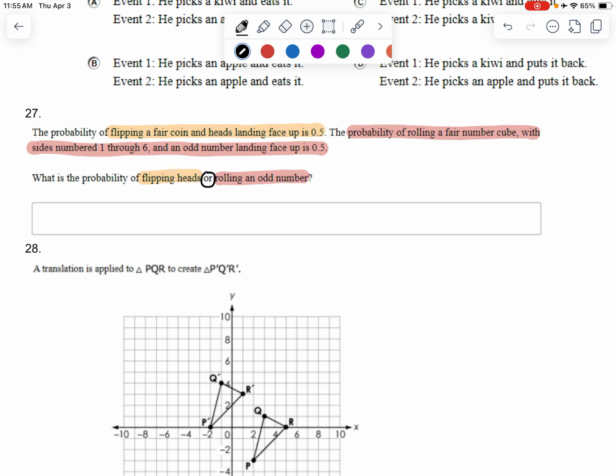Okay, well, if we're flipping heads and we're rolling an odd number, the word or means that we are trying to find the probability of both of those. Let me just double check something really fast.